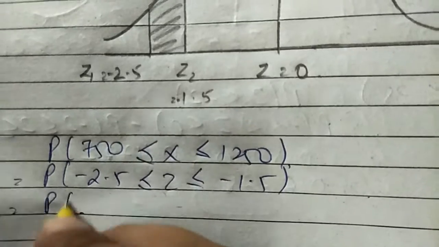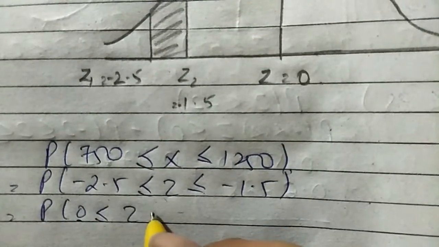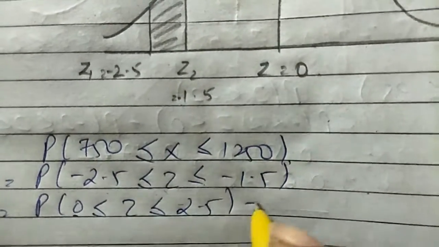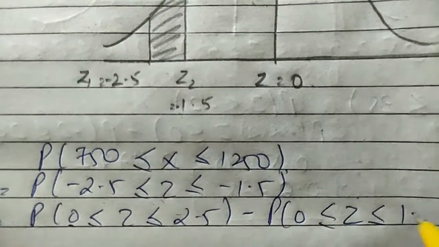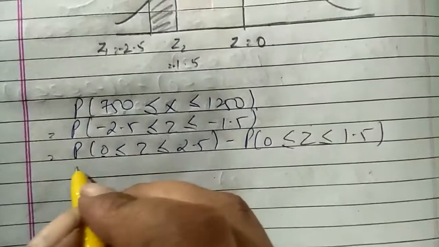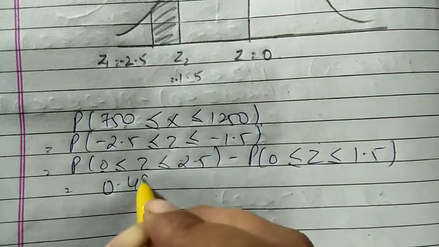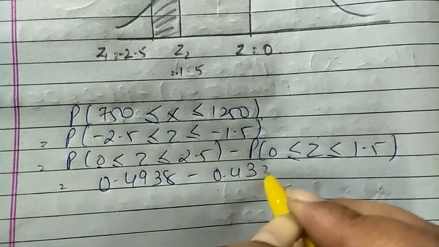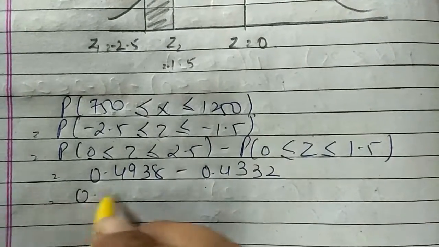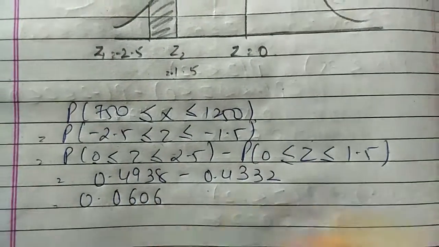So that is P(0 ≤ z ≤ 2.5) minus P(0 ≤ z ≤ 1.5), that is 0.4938 minus 0.4332. The answer comes to 0.0606.